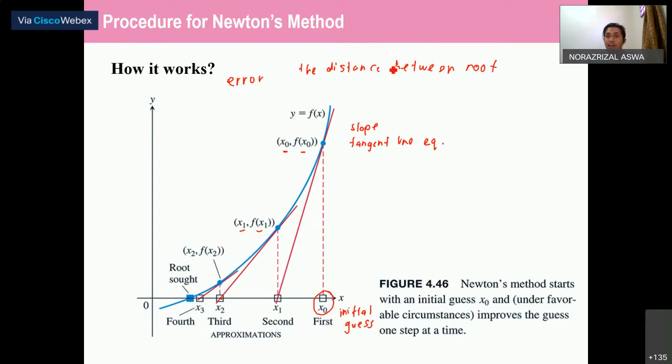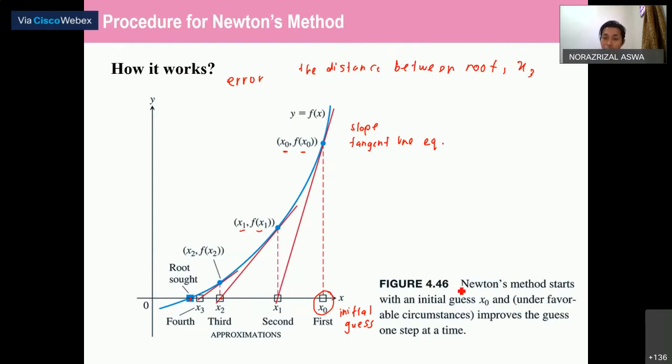In this case, we have x sub 3. You see the first, second, and if you keep performing the Newton iteration, you will get closer and closer to our root.